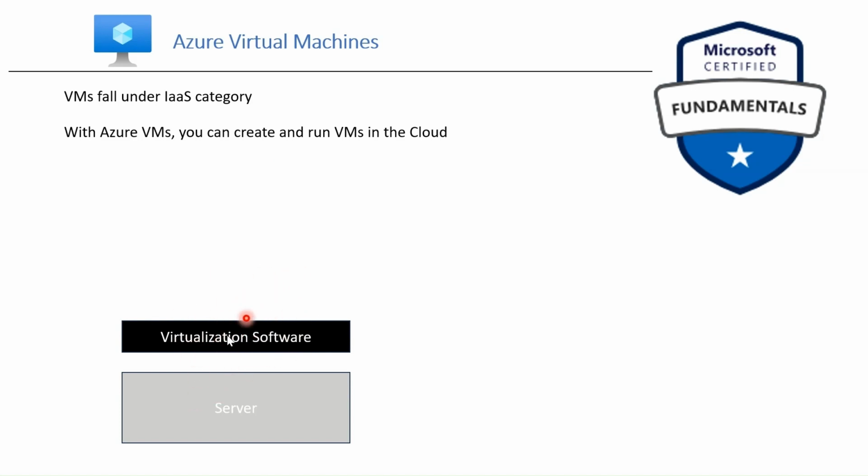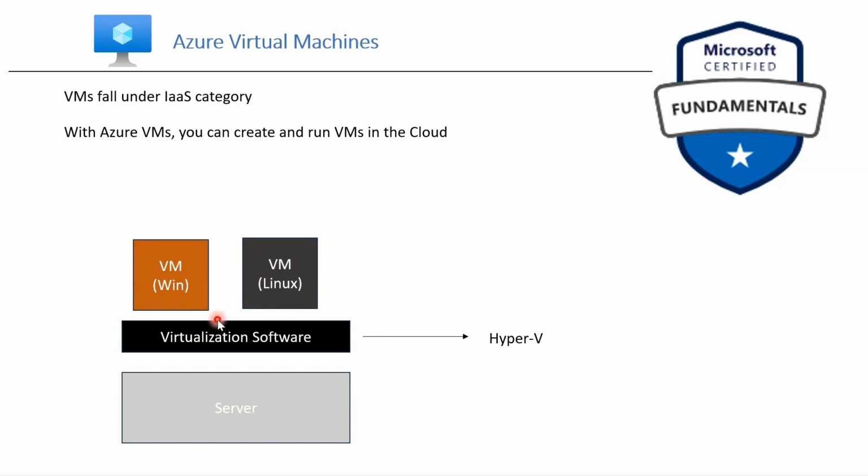In this case it would be Hyper-V from Azure. On top of it your VMs get created. It could be a Windows VM or a Linux VM. So Azure creates virtual machines on top of a hypervisor. What the hypervisor, or Hyper-V, allows us to do is create multiple virtual machines on a single physical host or single physical machine.